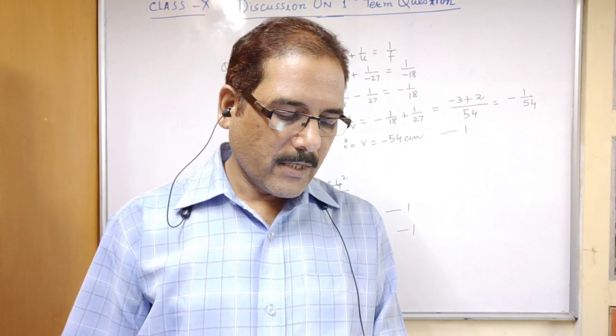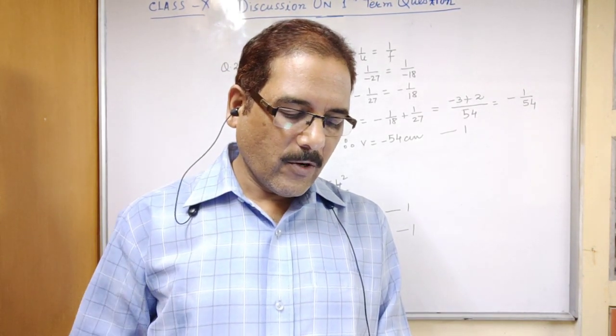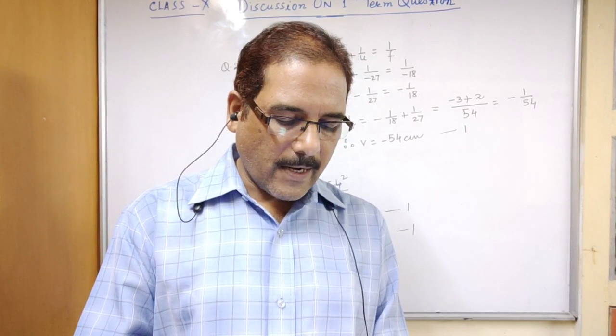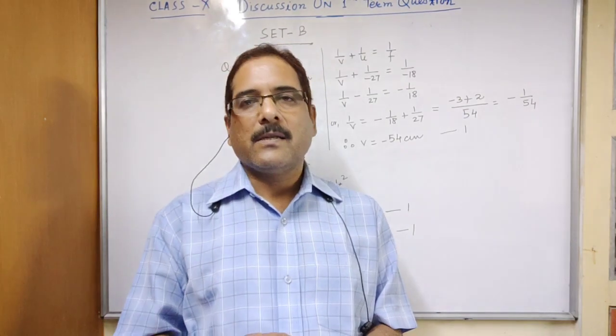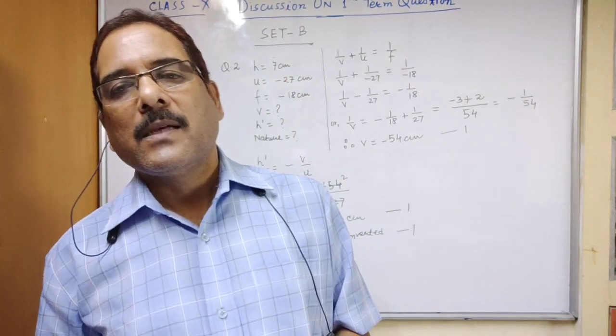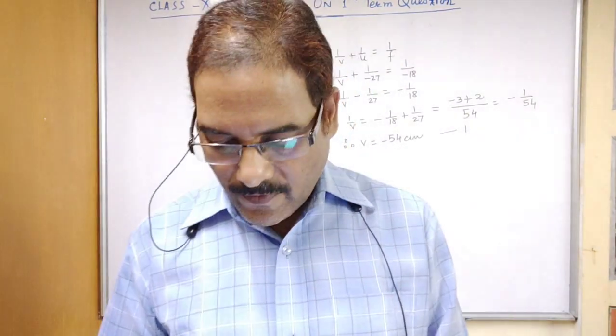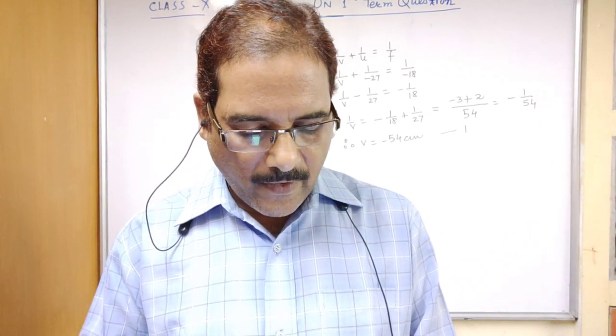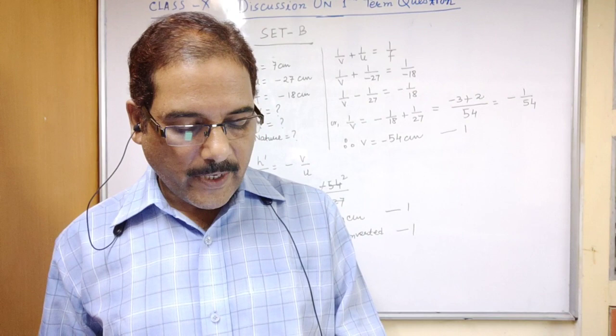Then the second question was 3b, name the phenomenon which contributes significantly to the reddish appearance of the sun at sunrise or sunset. So whenever colors are concerned, it is scattering of light. So you will write scattering of light. This is the name of the phenomenon.